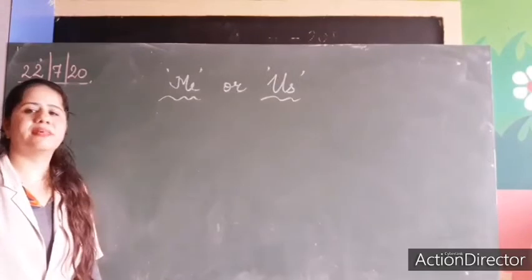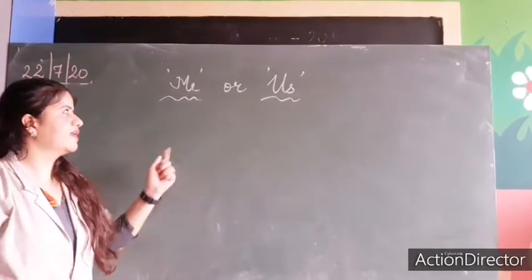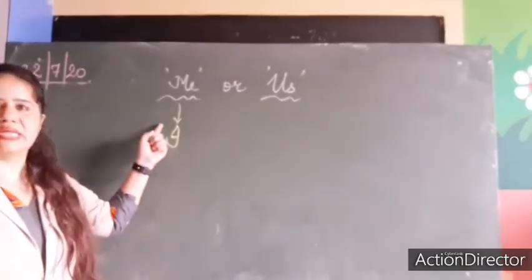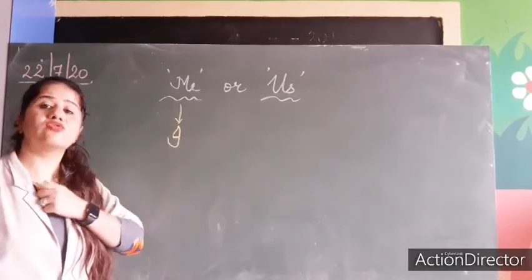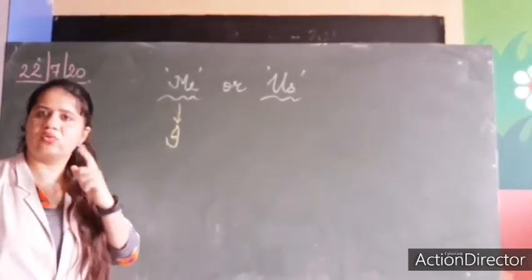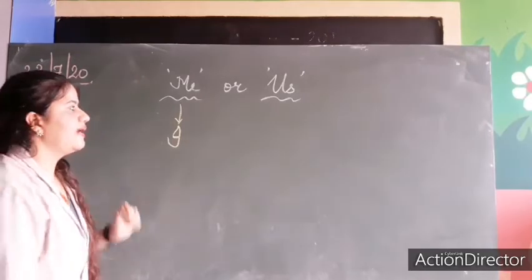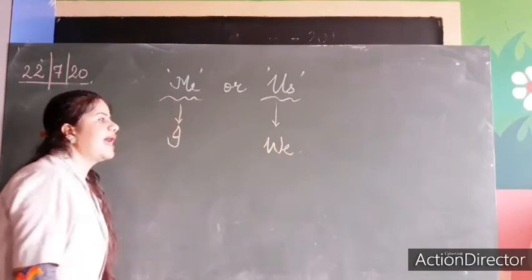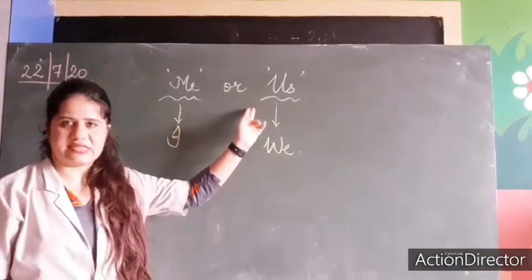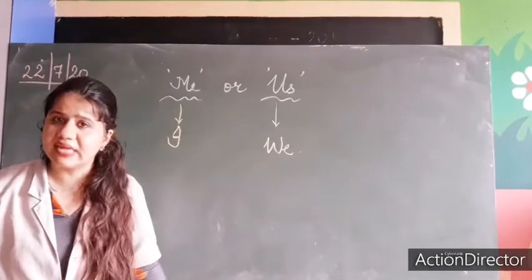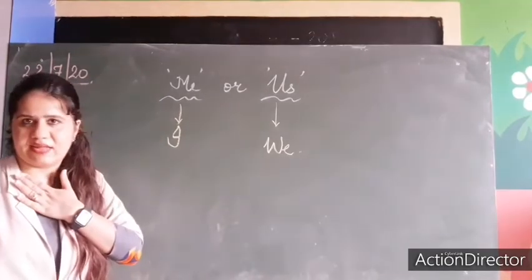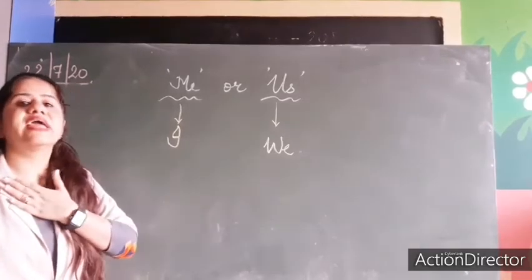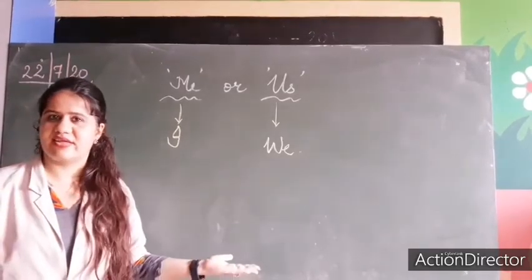Now what you have to remember, in a sentence, whenever you see I, you have to put me, because they are talking about I, that is I, only one, that is me. And if in a sentence we is there, so that time you have to use us, because we means many and we will not say I. Okay, we means many and we will not say me, we'll say us.